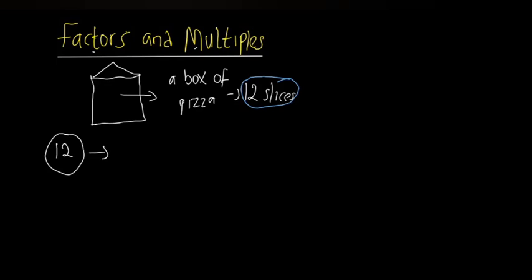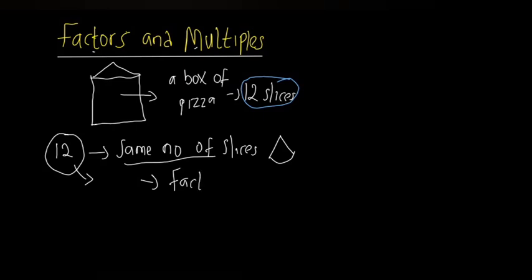Now, the number of friends you will share these 12 slices with, so that each of them gets the same number of slices, explains the concept of factors.